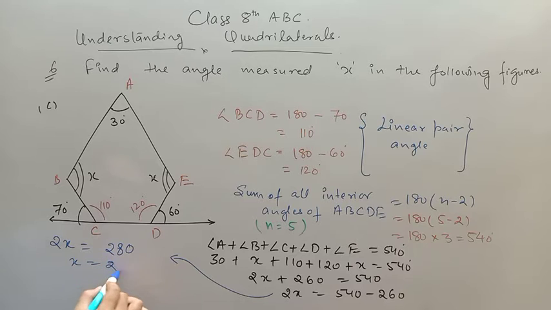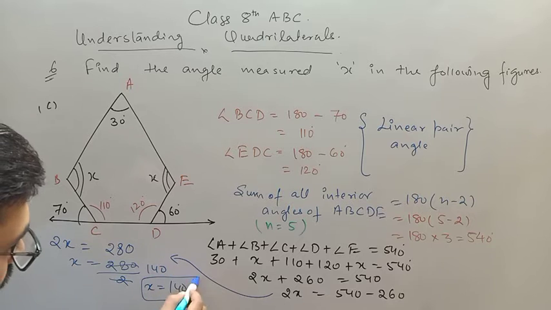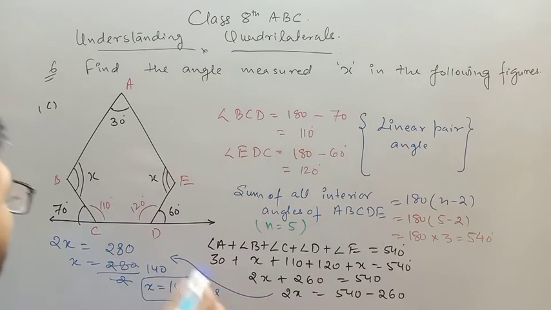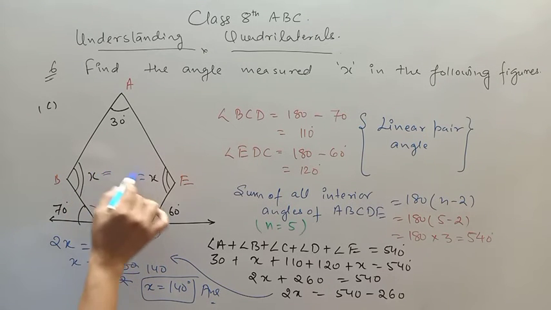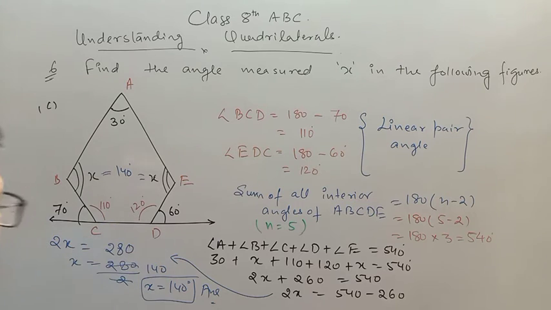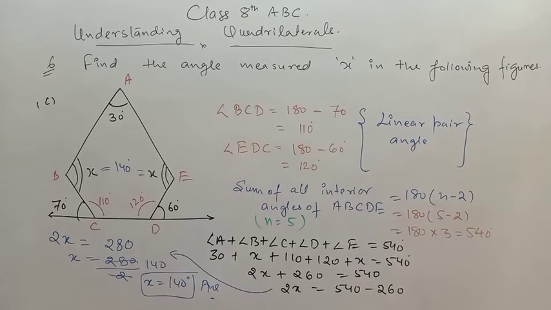So the value of x is 280 divided by 2, that is 140. So the value of x is 140 degrees. This is your answer. So this angle and this angle are equal to 140 degrees. Note it down fast, then I'll explain this question again. But before that, please note it down fast.